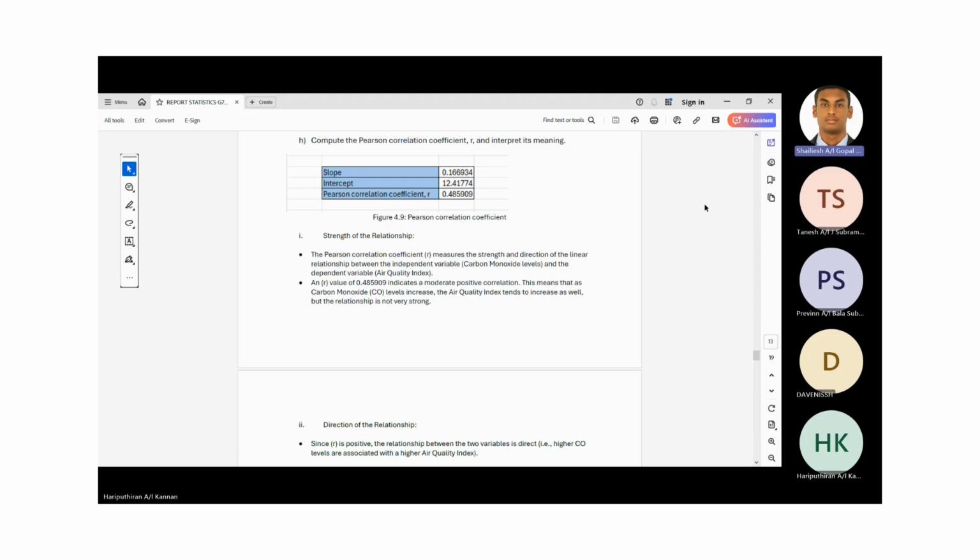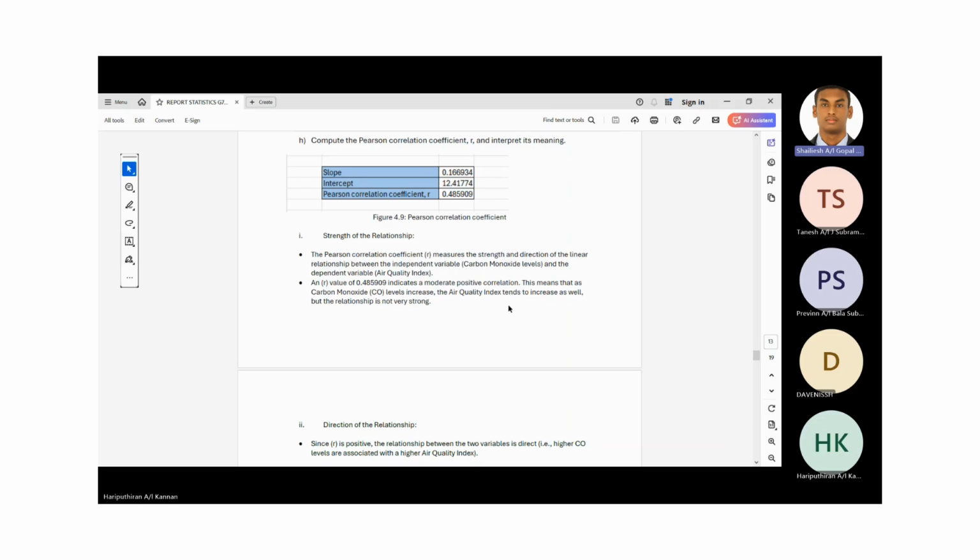Based on the question, the Pearson correlation coefficient, which is R equals 0.59, measures the strength and direction of linear relationship between carbon monoxide levels and the air quality index. Since R is positive, it indicates a moderate positive correlation, meaning that as carbon monoxide level increases, the air quality index tends to increase as well.